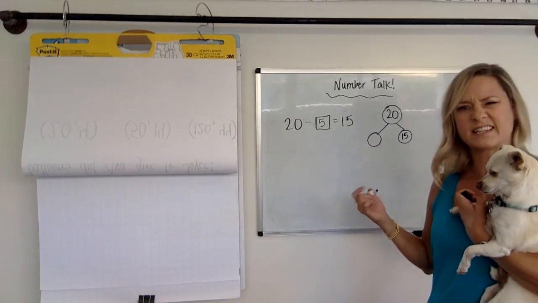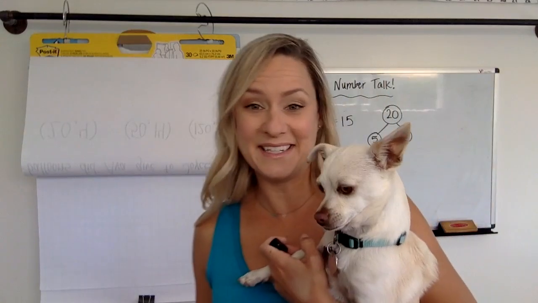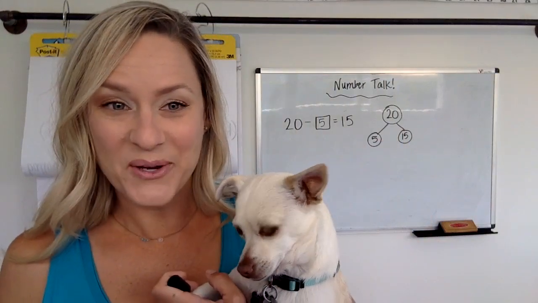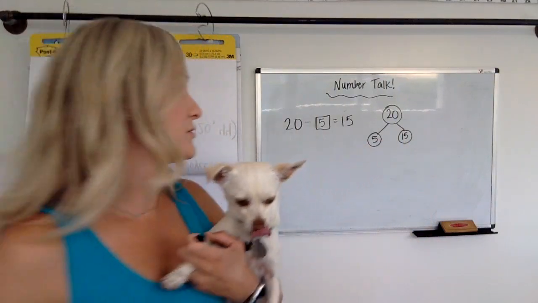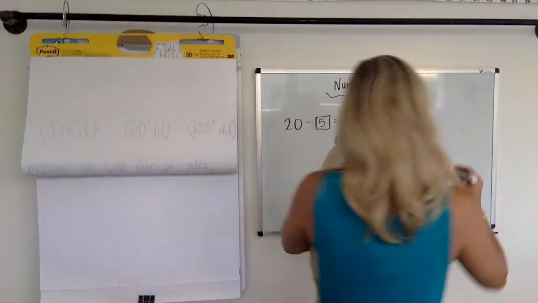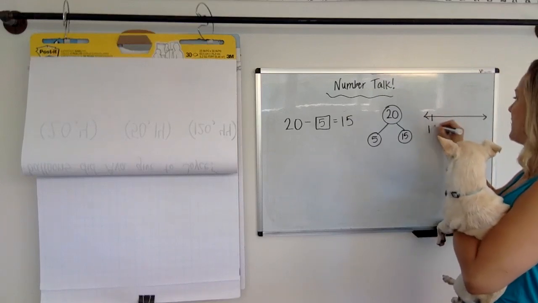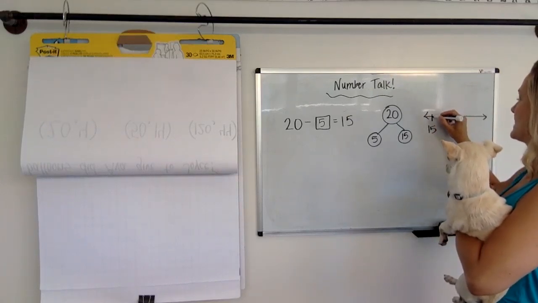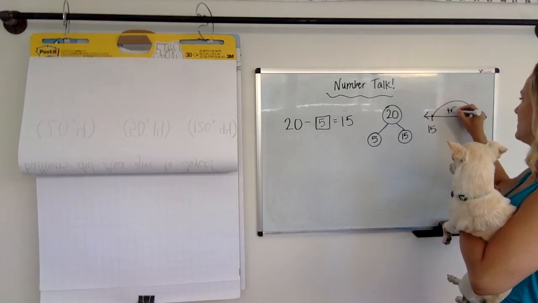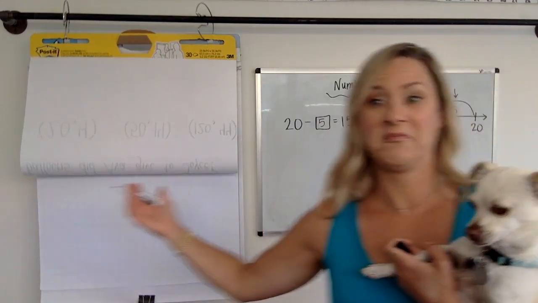Maybe you thought about it like that, and you just thought, I know that would be 5. Maybe. You got to tell me in the comments. Okay. Maybe you used, oh, what if you added up? Maybe you said, I know, let's see, 15 plus 5 makes 20. So the answer must be 5.